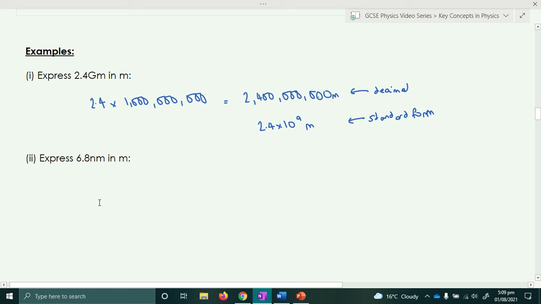Let's have a look at a small one as well. So express 6.8. You can see we've got a prefix here. It's always to the left of the unit. This is nanometers. So what we're going to do is 6.8, and we're going to divide that by, oh boy, why did I pick the billions ones? Okay, so here we go.